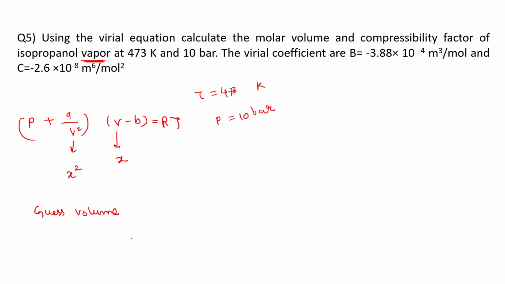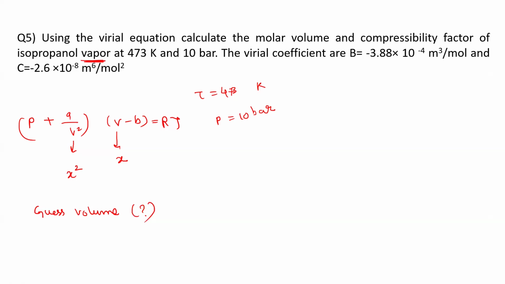So how can you give the gas volume in this, right? You need to give different guess volumes till you find two different solutions. If you're getting complex, then you can take only the one real solution for the volume.